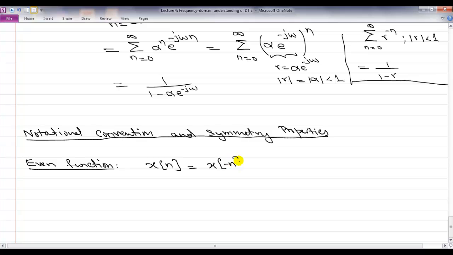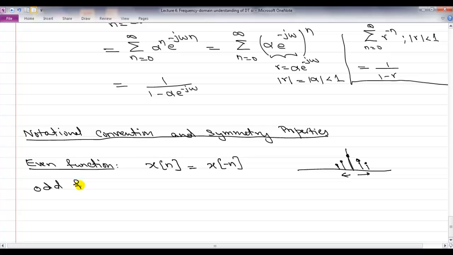Whatever the function is doing on the positive valued axis, it's just a mirror reflection of what is happening on the negative valued axis. In the discrete world, for example, this is an even function. Whatever is happening here is the same as what is happening on the negative side.